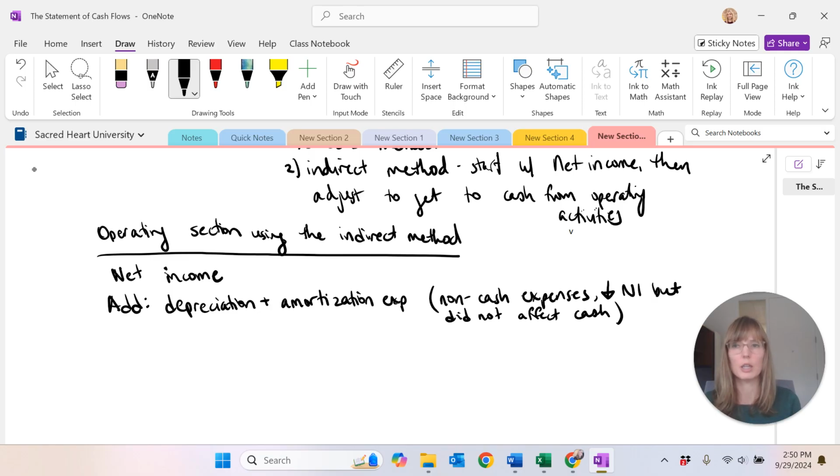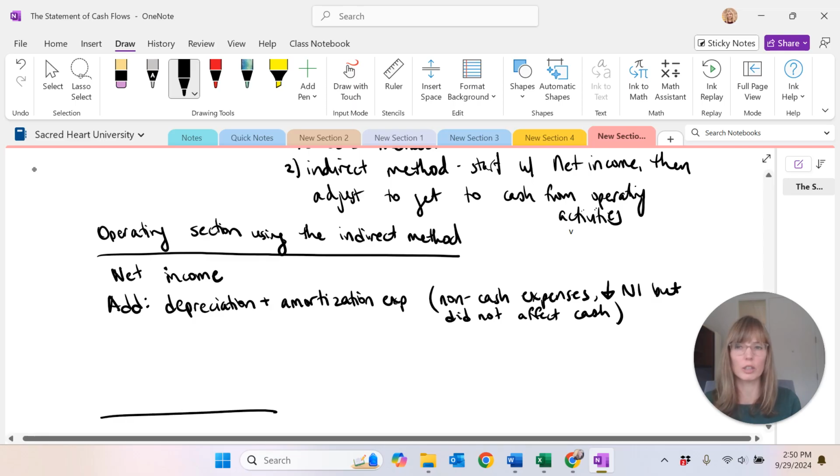Now, don't write that part down because we're going to need some more space, but that's what we're doing. We're making adjustments. If we had depreciation of 10 million, we're going to add that back because it reduced our income, and what we're trying to get to is the cash from operating activities.